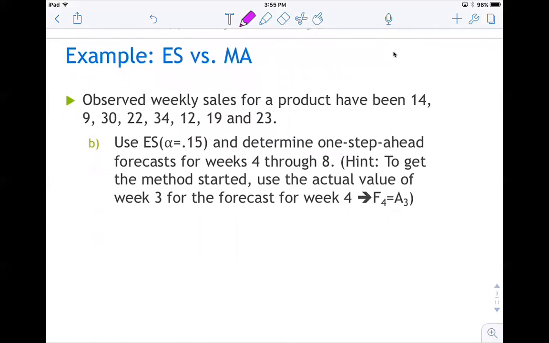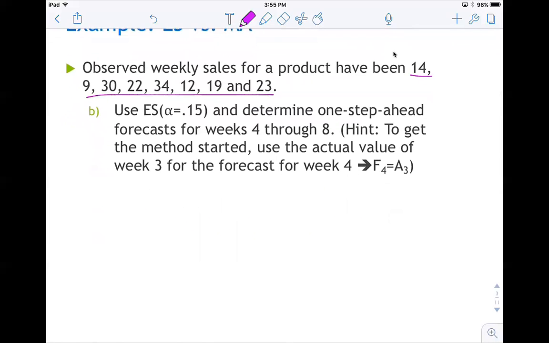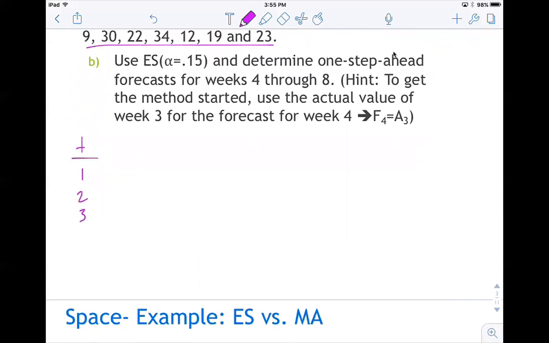In this exercise, we are given the weekly sales of a product. Let's try to put this in a table format. The time period is changing from 1 to 2, 3, 4, 5, 6, 7, and 8.